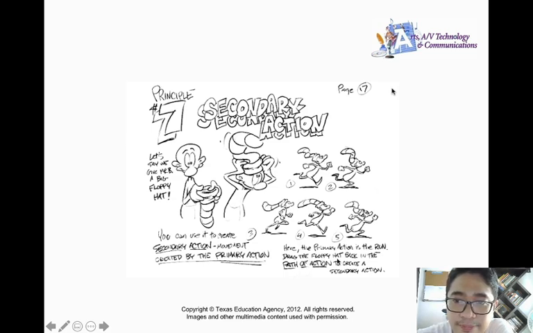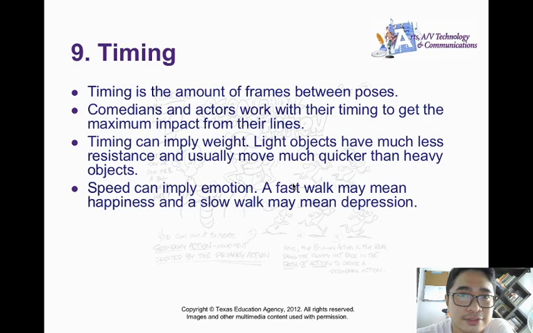Drag the floppy hat back in the path of the action to create a secondary action. And kumbaga it really is important para makita na gumagalaw yung hat kasi tumatakbo. So there's a presence of air tsaka motion. So that's why it is important para makita natin na may secondary action yung ating animation.